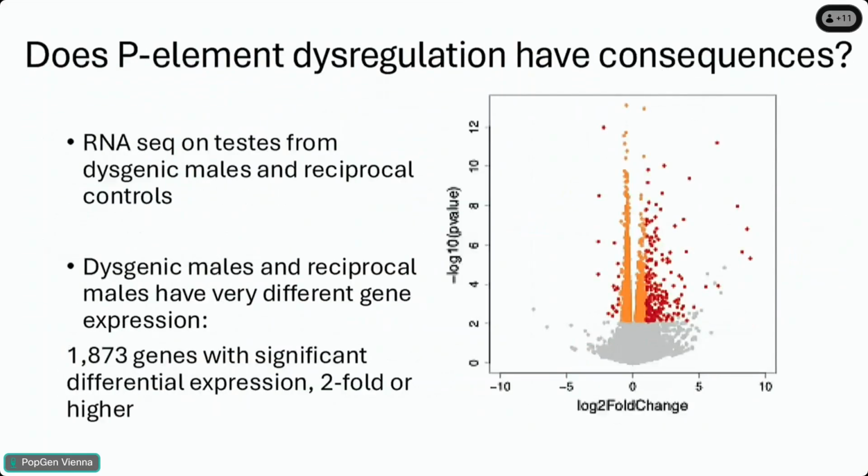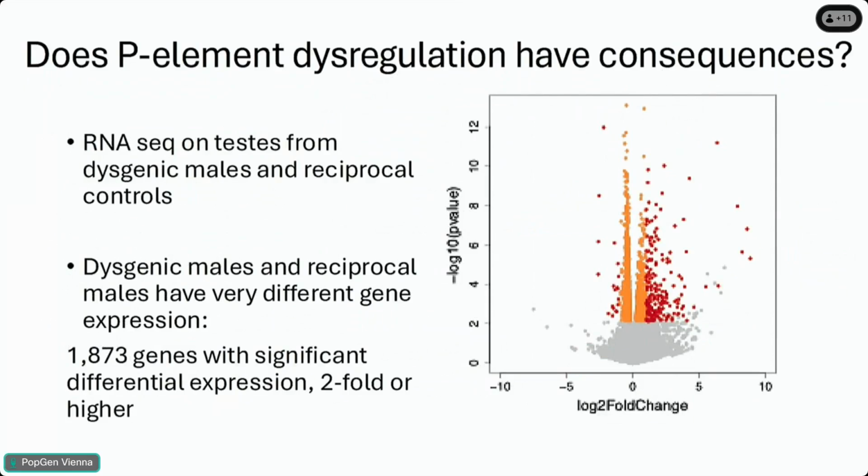Right, so why does this happen? When we did this RNA-seq, basically we pulled out testes, smashed up the testes, got their RNA, and looked at the RNA-seq data using the standard DESeq2 method.